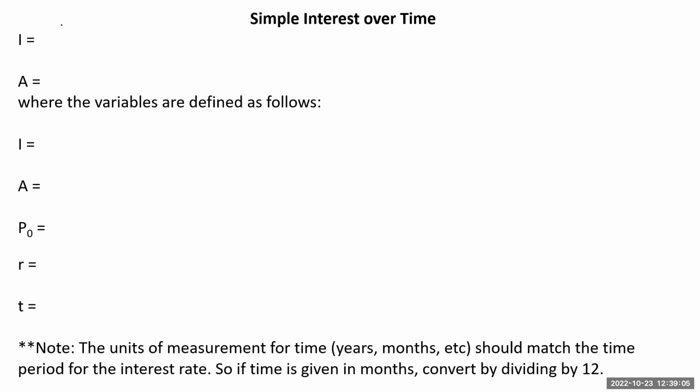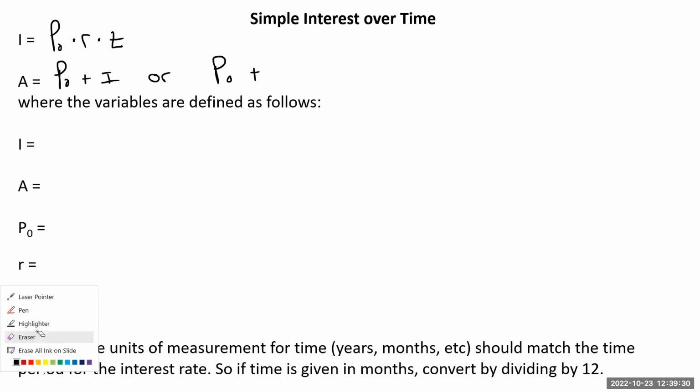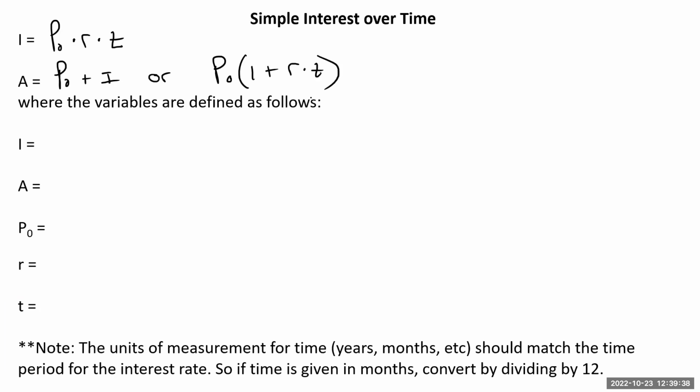So one of the formulas says I is equal to P sub 0 times R times T. Another formula that you see on that formula sheet says A is equal to P sub 0 plus I, or another way to represent that is P sub 0 times 1 plus R times T, okay? So there's another way you can represent that.